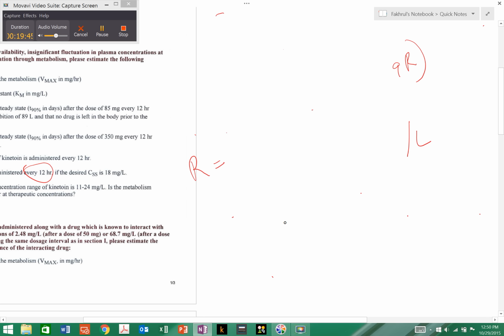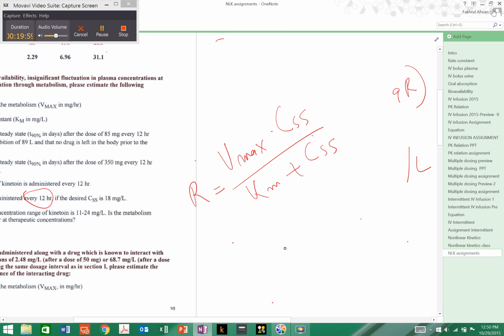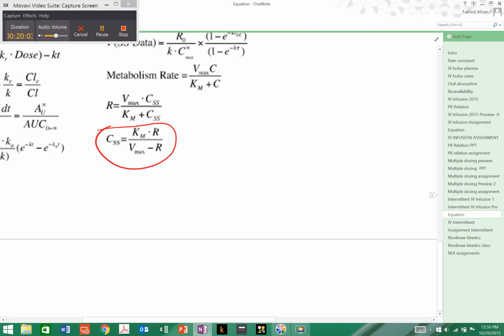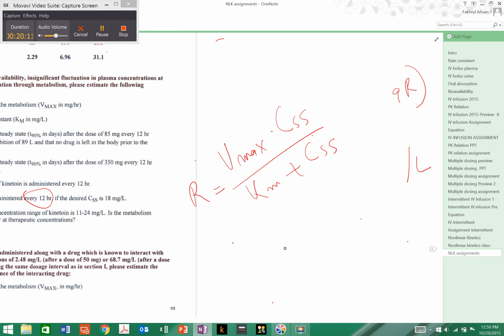R is equal to, we know that, Vmax times CSS divided by Km plus CSS. So this is the equation. Let's go back. This is the equation sheet here. This is the equation. So now you go back to that assignment.